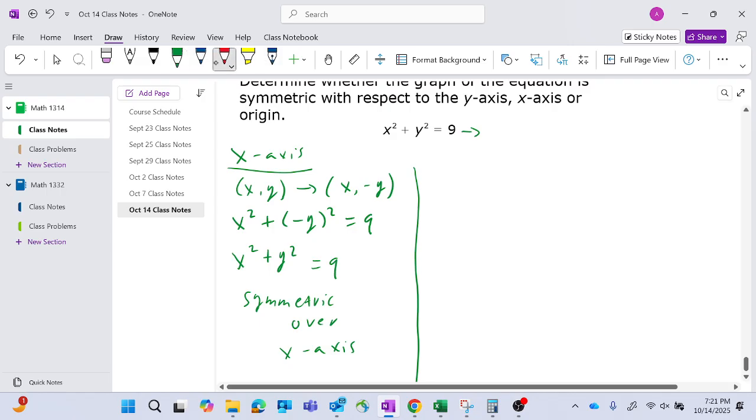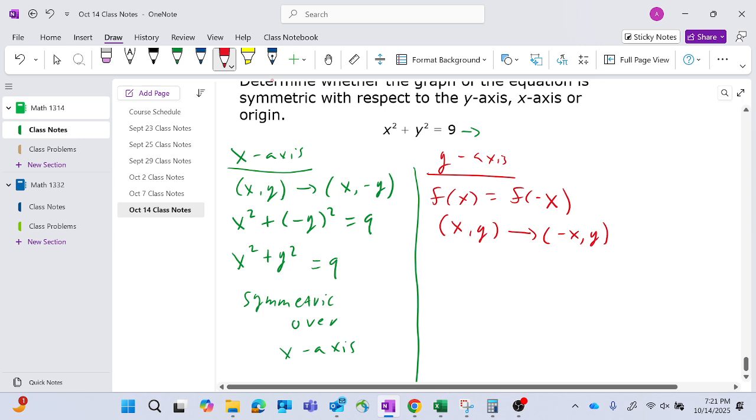All right. For the y-axis, remember that f of x should equal f of negative x. Again, with f of x for something like this, the circle, it's kind of weird to think about it this way. Another way to think about it is that (x, y) should be the same thing as (negative x, y).